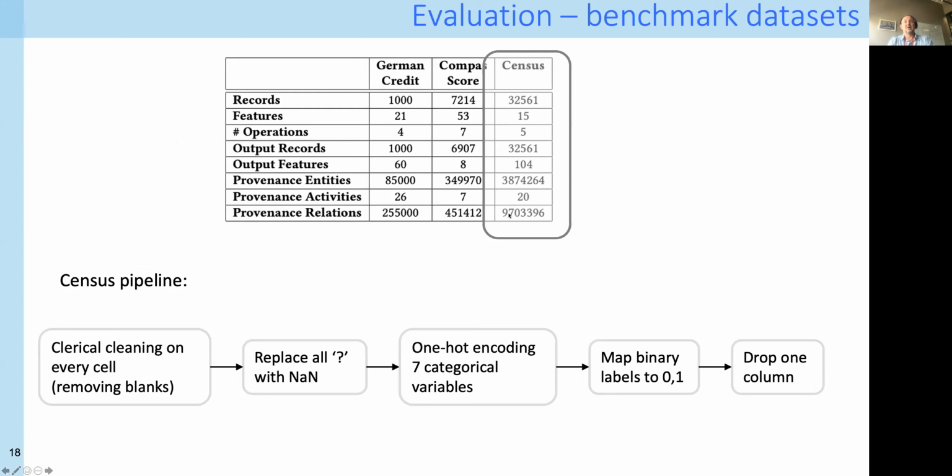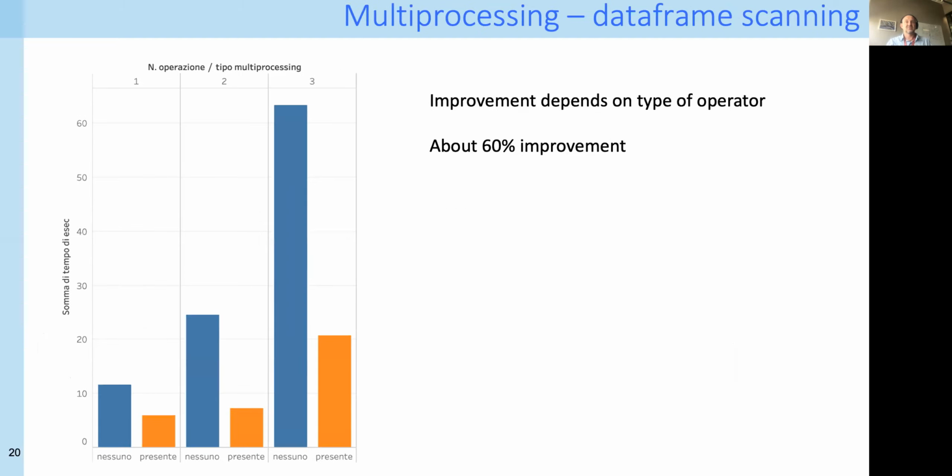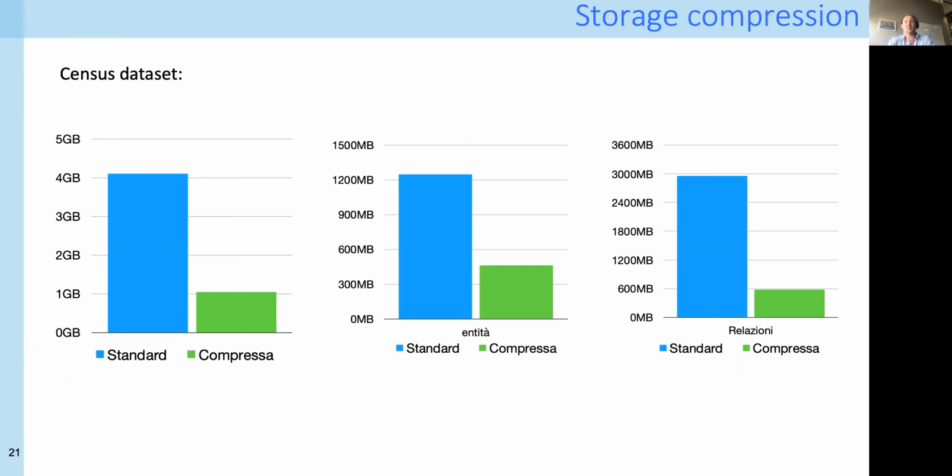So this is a sizable benchmark, and using this, we observe that for a data frame of over 1 million cells, we apply a number of compression techniques to native MongoDB storage, and we have a 70% or 60% improvement in data frame scanning. Similarly, if you compress the storage with various tricks that I don't have time to go into, which are detailed in the paper, we can compress quite significantly.